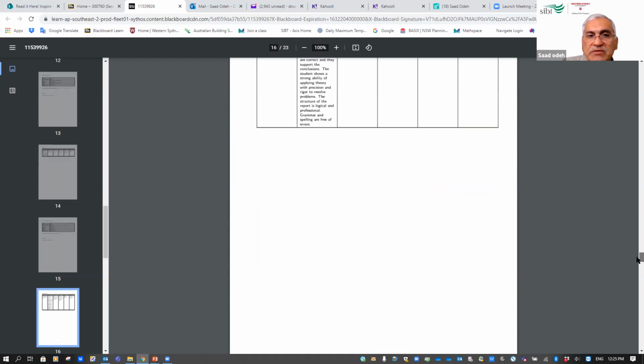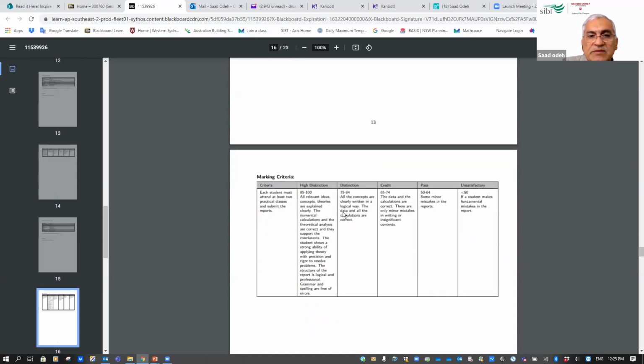For example, the major criteria is you must attend the 2 practicals, as we said before, and submit the report. Now, if you want to achieve high distinction in the report, you should do these things.